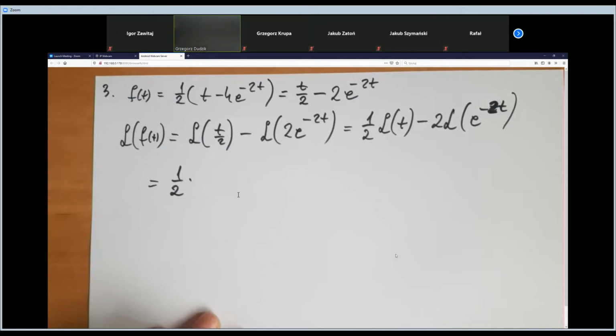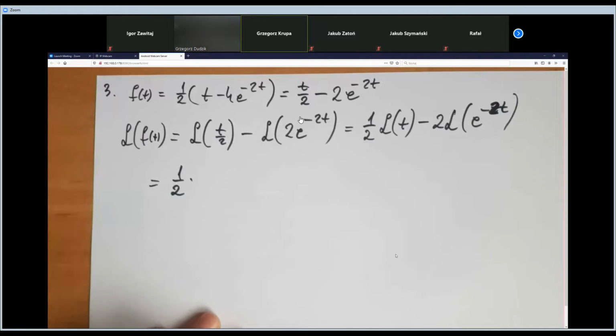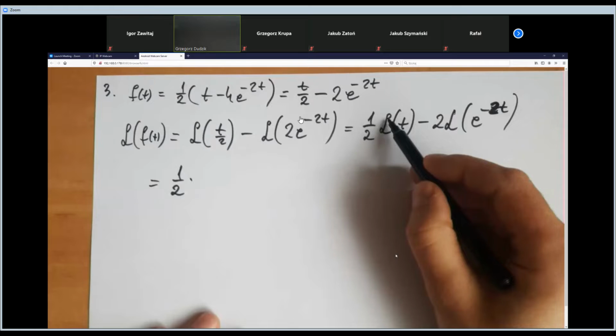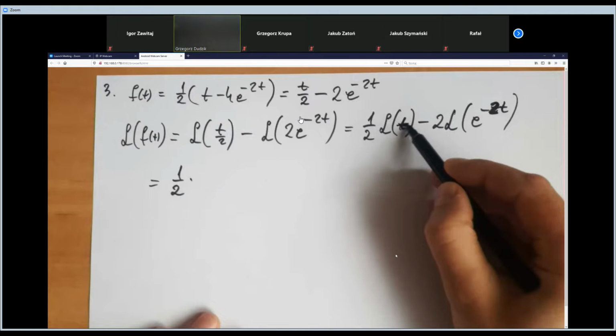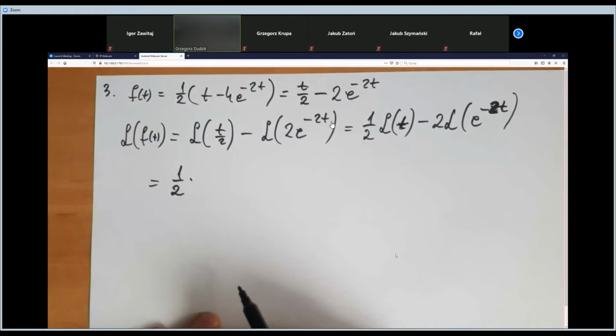Is it 1 over t squared? No. The Laplace transform is 1 over s squared. That's right, of course.